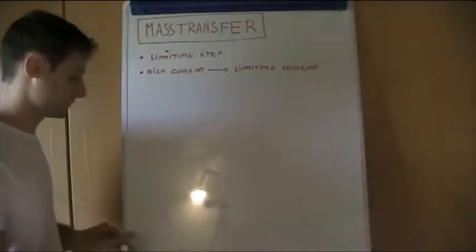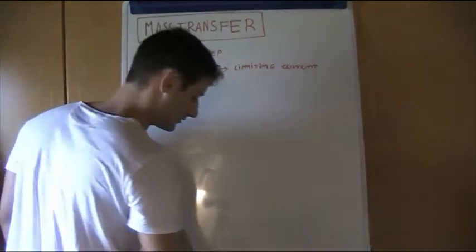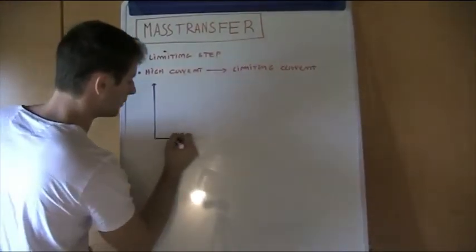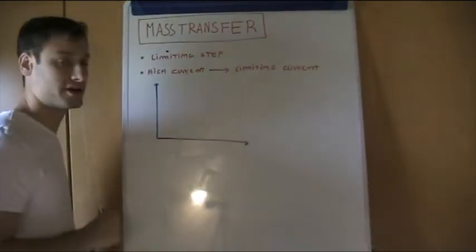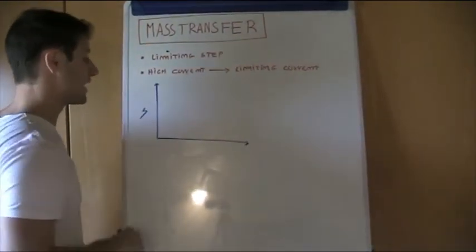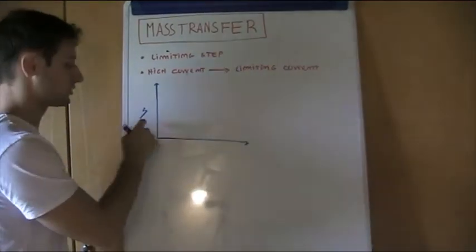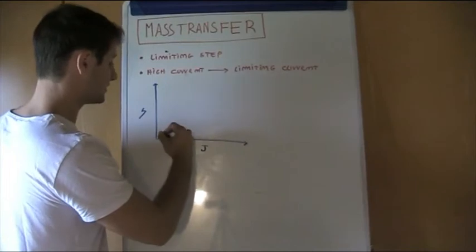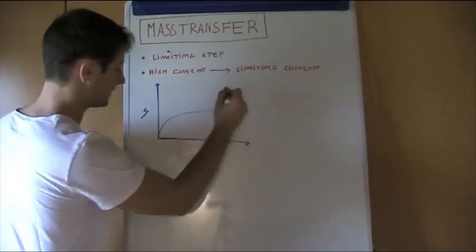What does it mean? If we recall the general plot concerning the variation and generation of overtension versus the current density, we know very well that the real behavior will be something like this.